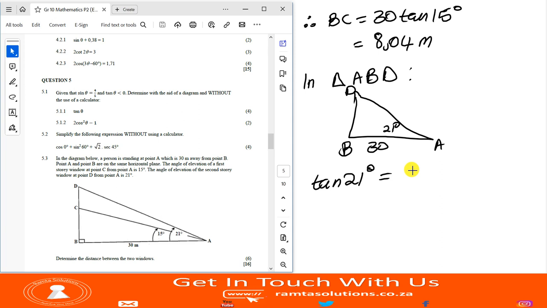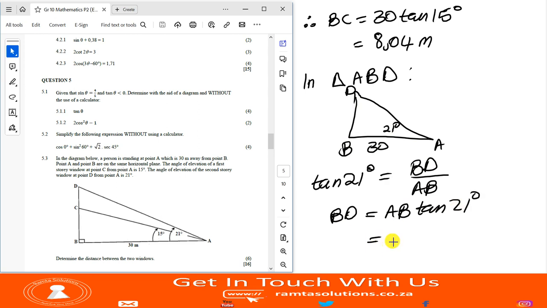Opposite is BD, so it's BD over AB. Tan is opposite over adjacent. Tan 21 degrees is BD over AB. Therefore, BD is equal to AB tan 21 degrees.